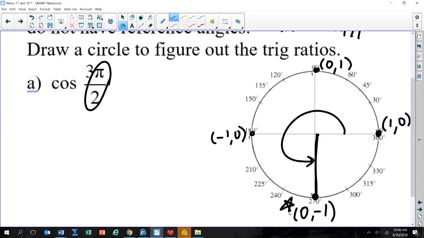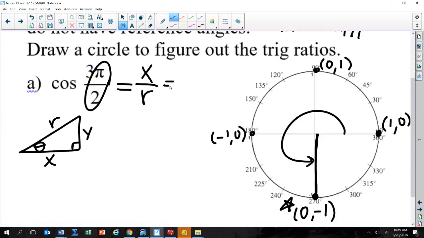What is cosine in terms of x, y, and r? X over r, right? Adjacent is x, and the hypotenuse is r. Plugging in what I know, my x value is 0.